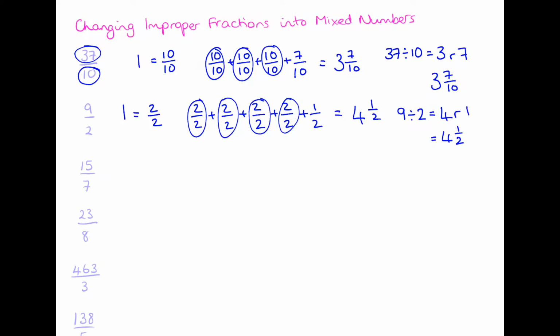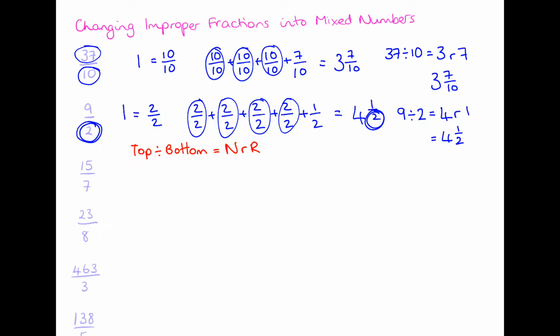The denominator doesn't change when we change from improper fractions into mixed numbers. So basically what we're doing is top divided by bottom is equal to a number and a remainder.